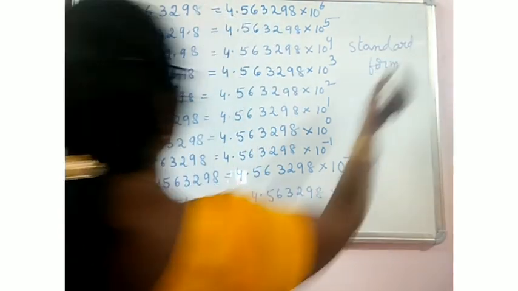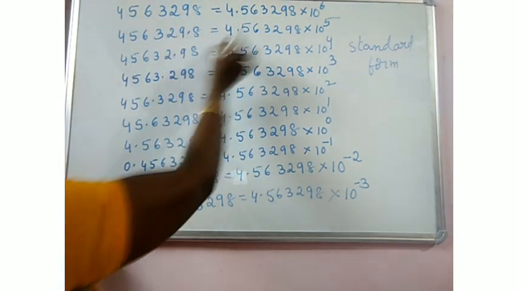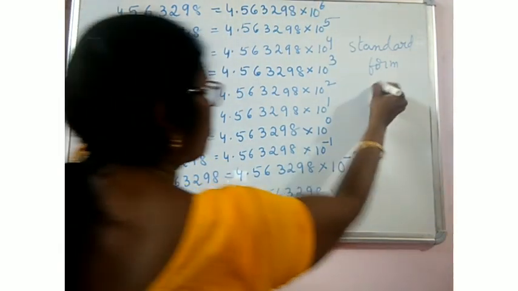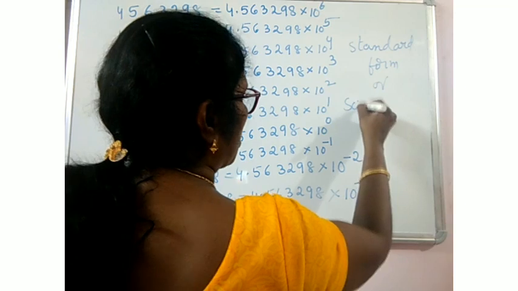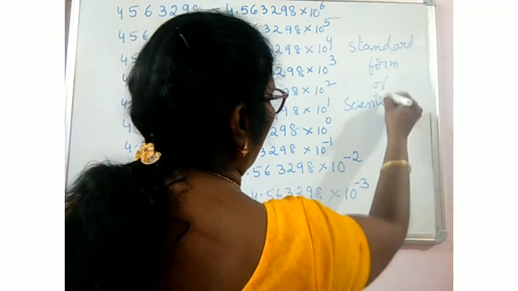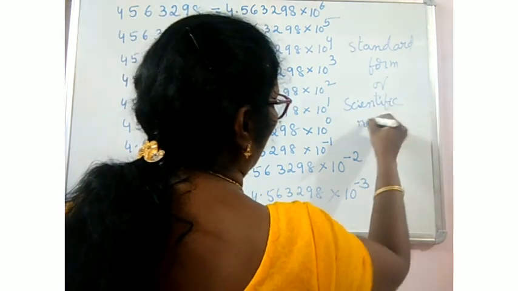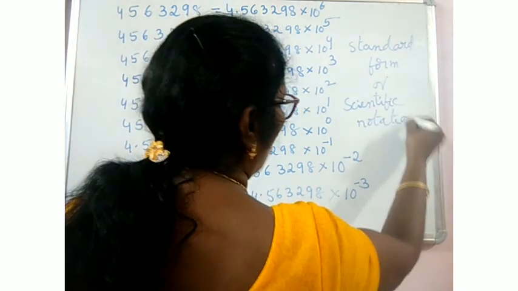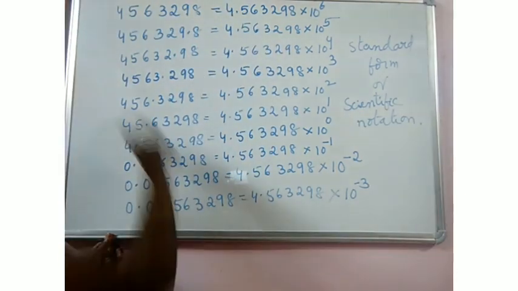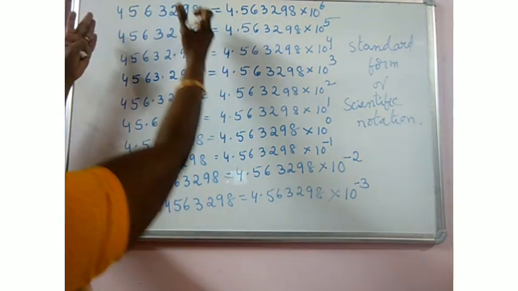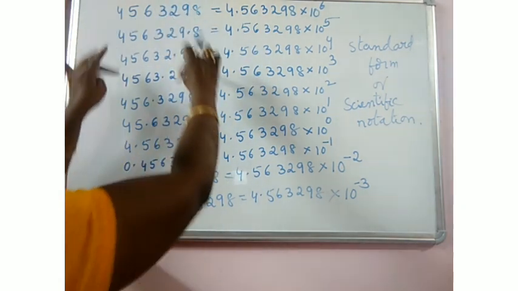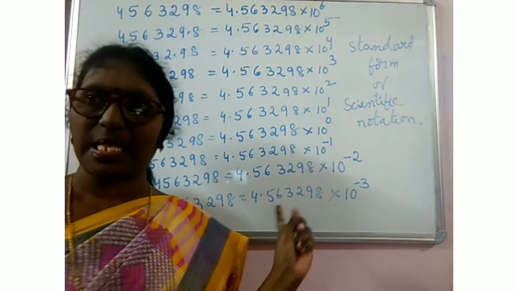So this is the standard form of writing numbers, or scientific notation. If the question is to express a number in standard form or scientific notation, this is the way you have to do it. Irrespective of where the decimal is, it is the same number, yes or no?